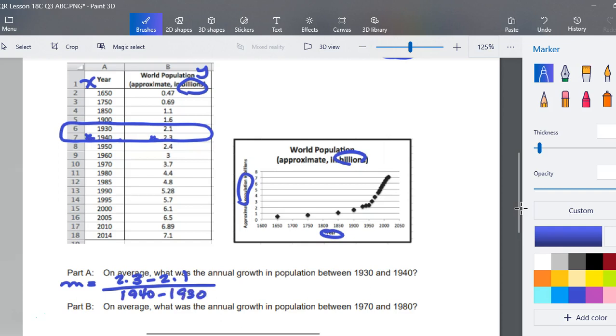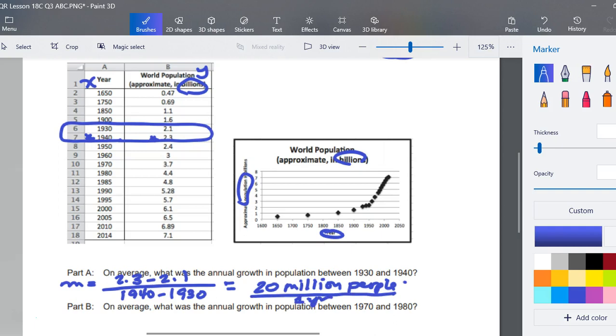When we do some calculations, we end up getting about 20 million people per 1 year between 1930 and 1940.